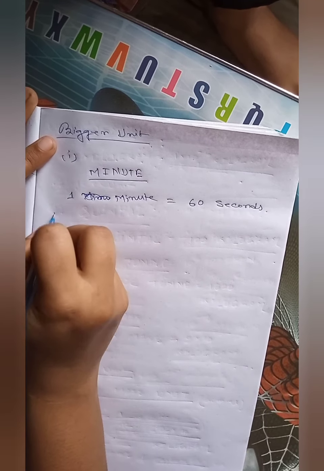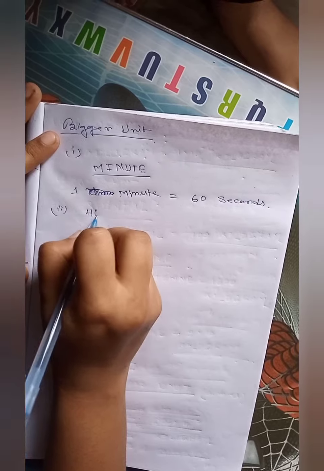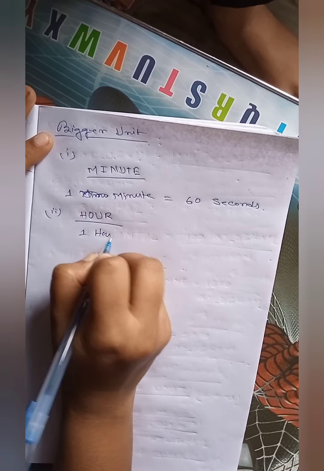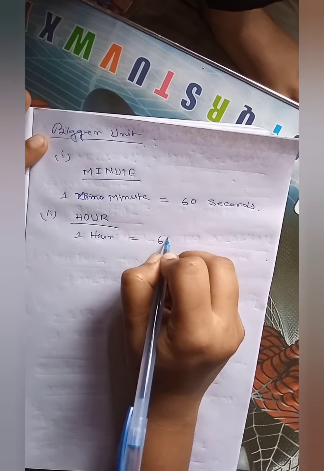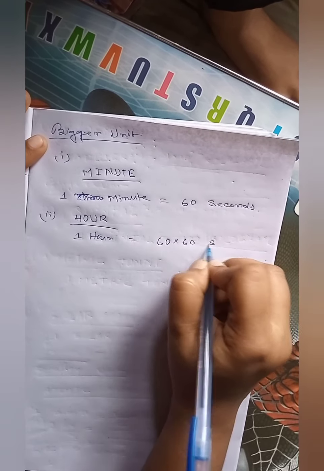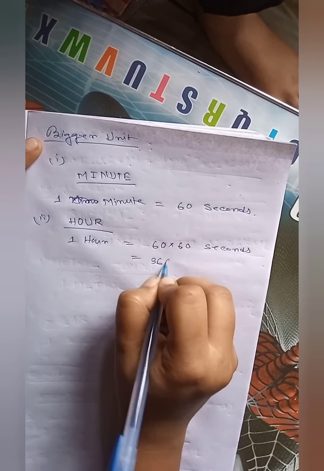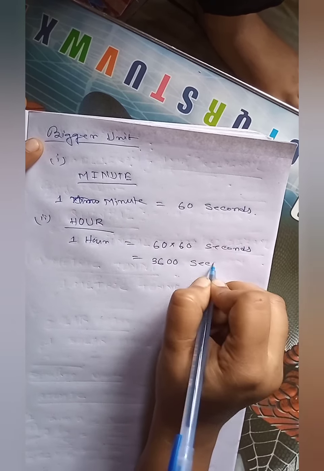Number 2 is hour. 1 hour equals 60 into 60 seconds equals 3600 seconds.